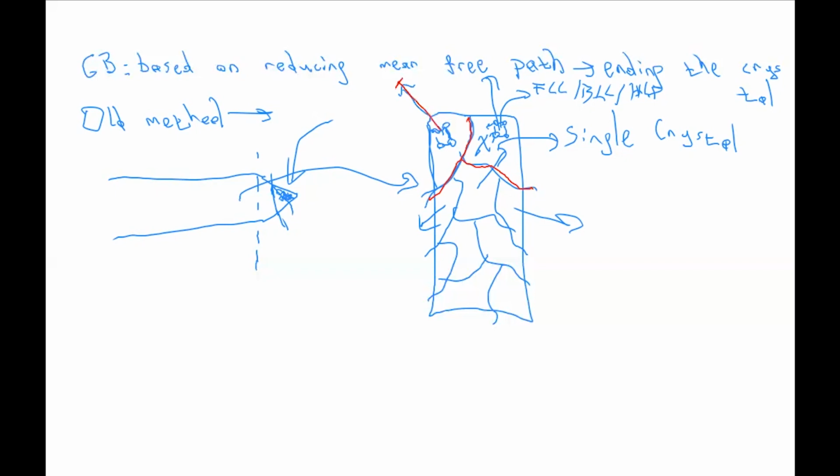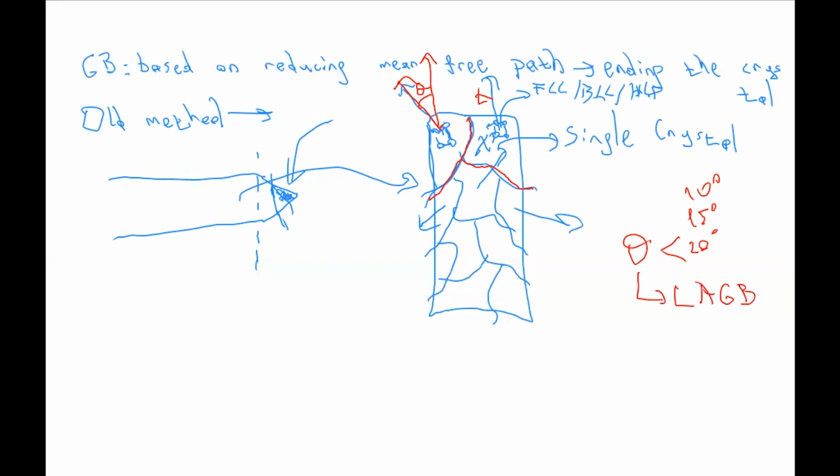If this is oriented this way and this one is oriented that way, and the angle between them is less than, some would say 10, some 15, some 20 degrees, we call it a low angle grain boundary.